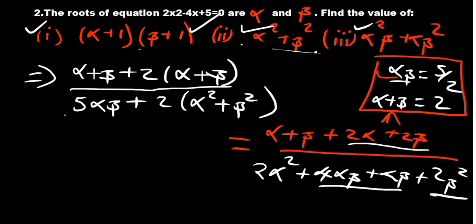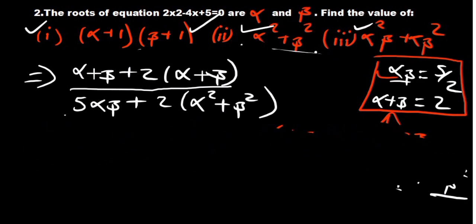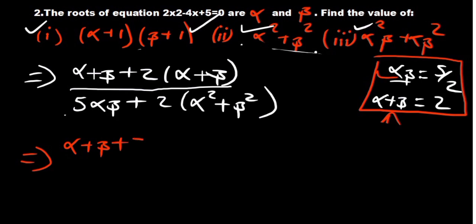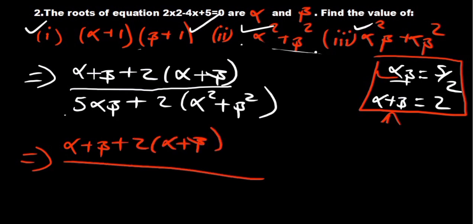So we've seen that it's coming out already, because we know how to express all what we have in the form of summation and product. So the numerator has already been dealt with. So we have alpha plus beta plus 2 alpha plus beta, divided by, so we have 5 alpha beta there. It's already in the form.